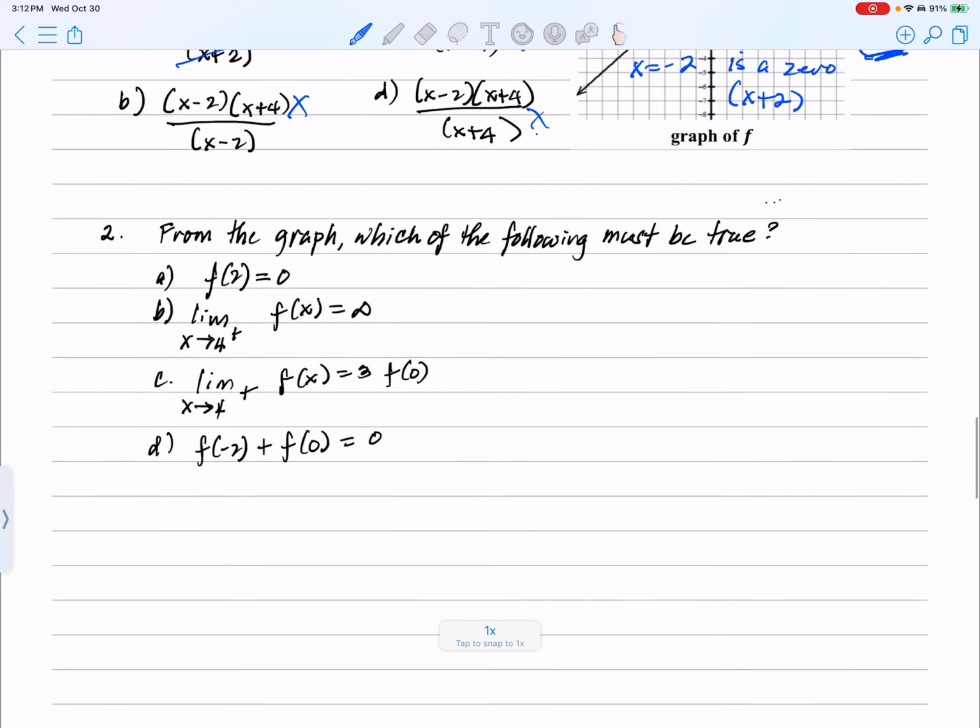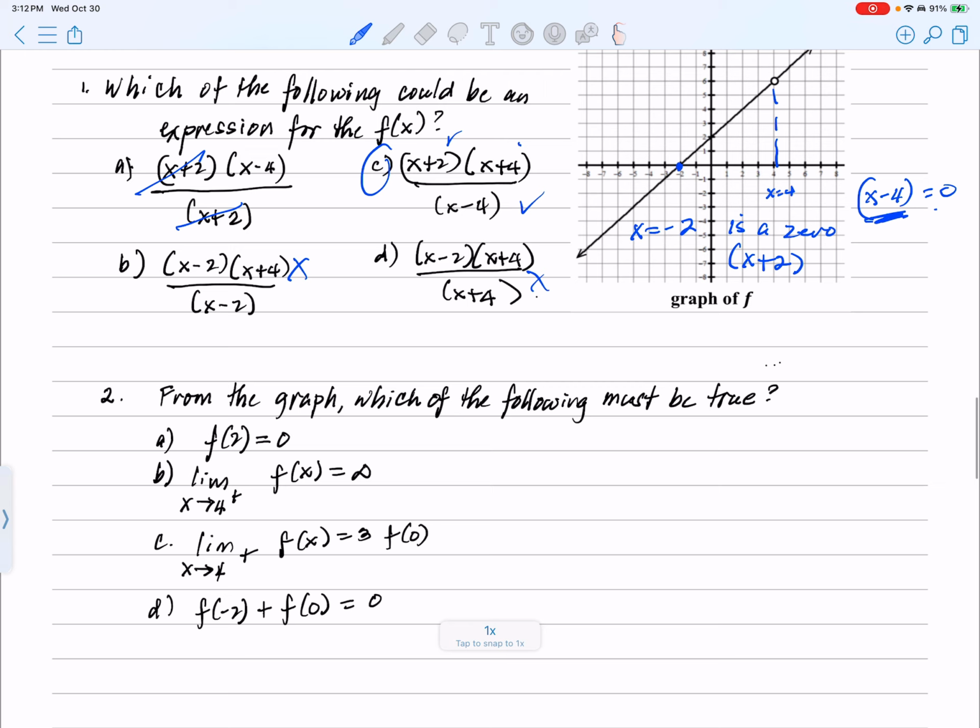From the graph, which of the following must be true? Okay, let's look at that. F of 2 is 0. F of 2, the function when x is 2, okay, this is no, because f of 2 is right here, which is equal to 4.